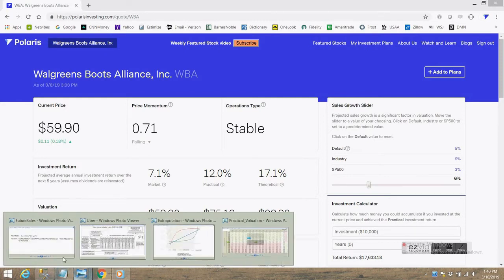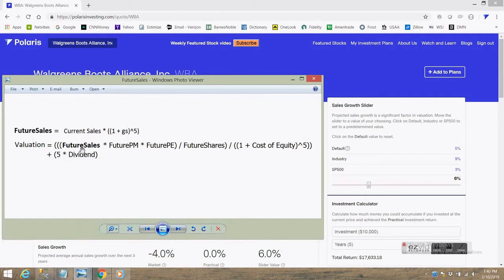Where that came from is simply working backwards through the formula, assuming you know the other values besides future sales. You just plug in the current price and work backwards to determine the implied growth by virtue of the current price.